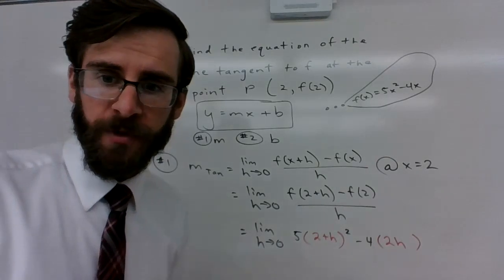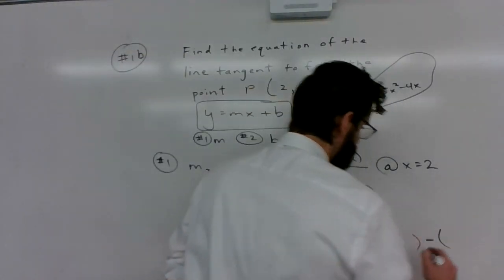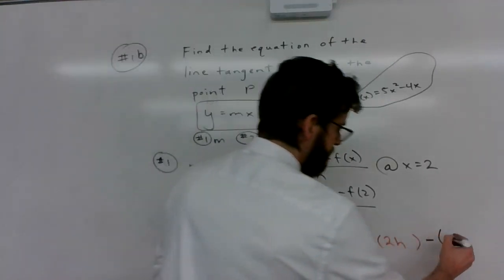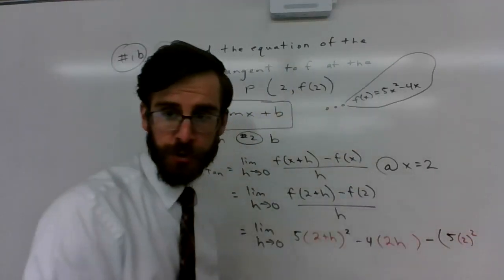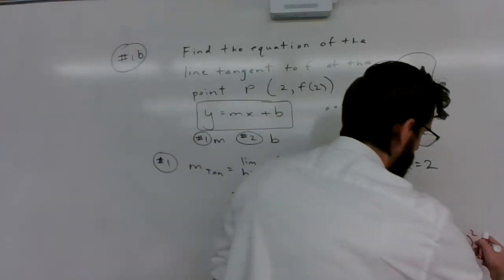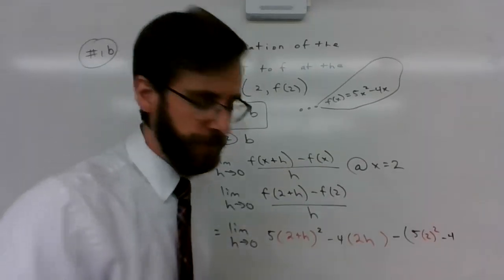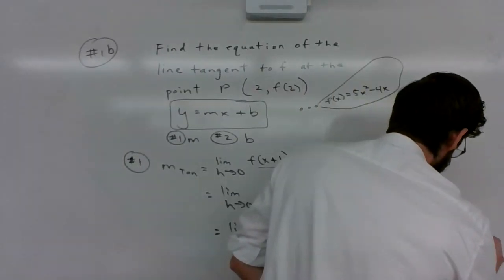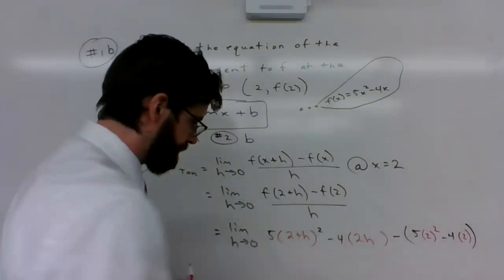And I can do the same thing with f of 2. So I'm subtracting 5 times 2 squared minus 4 times 2, all divided by h.